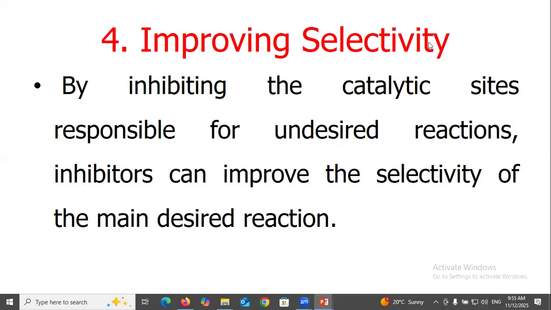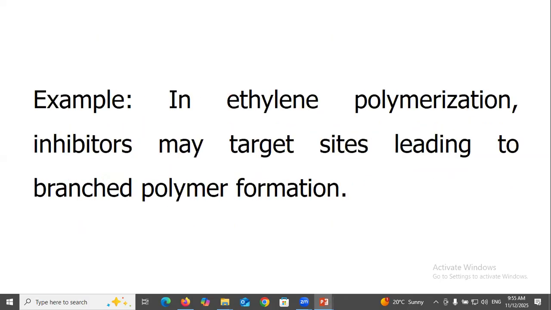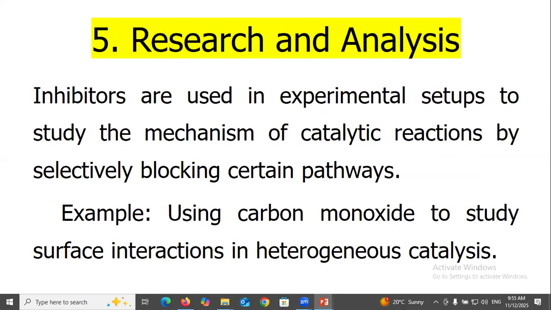Improving selectivity: by inhibiting the catalytic sites responsible for undesired reactions, inhibitors can improve the selectivity of the main desired reaction. For example, in ethylene polymerization, inhibitors may target sites leading to branched polymer formation.